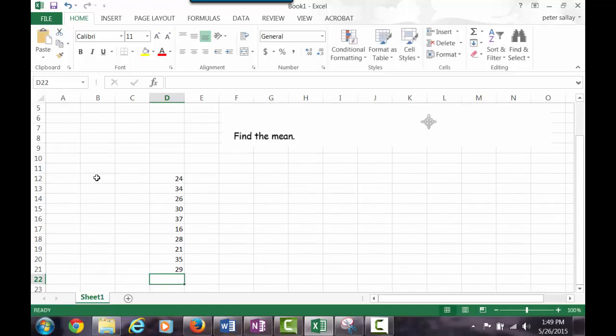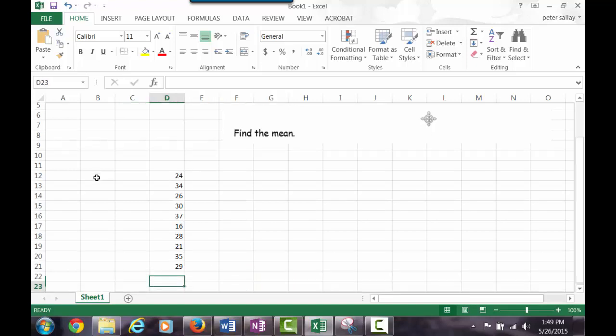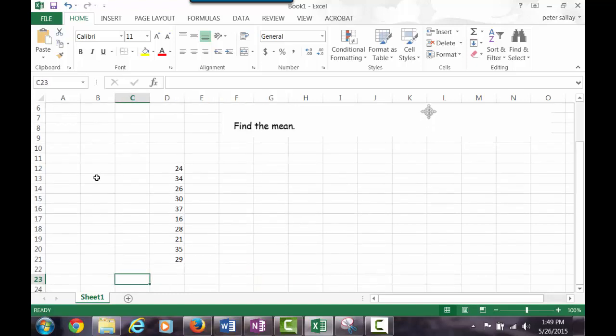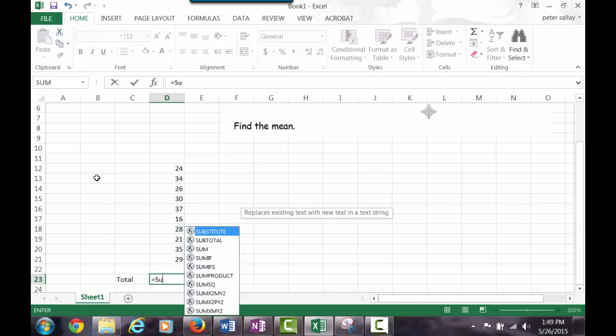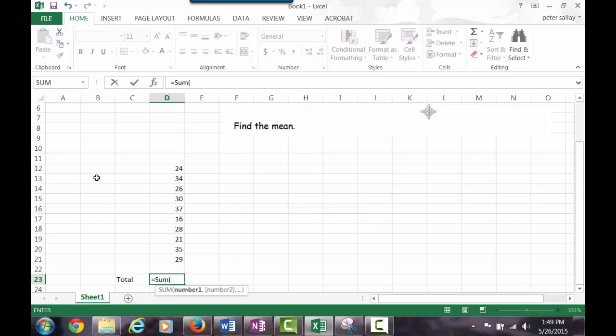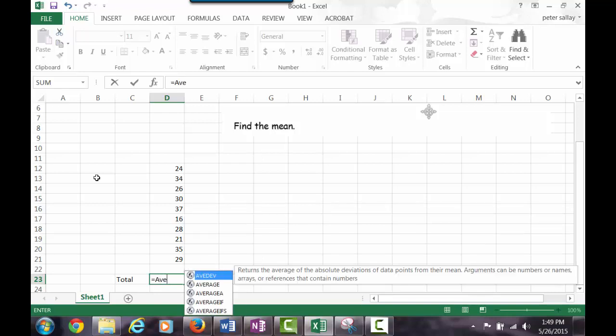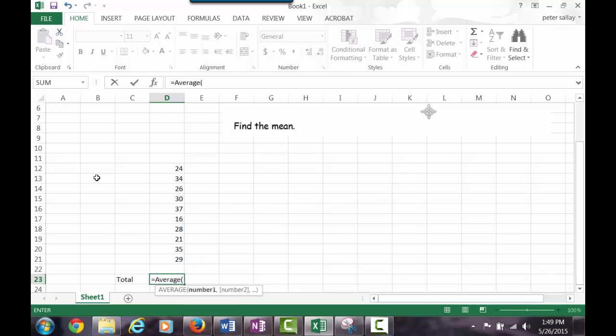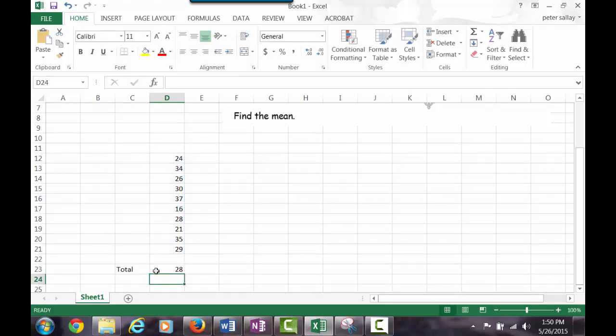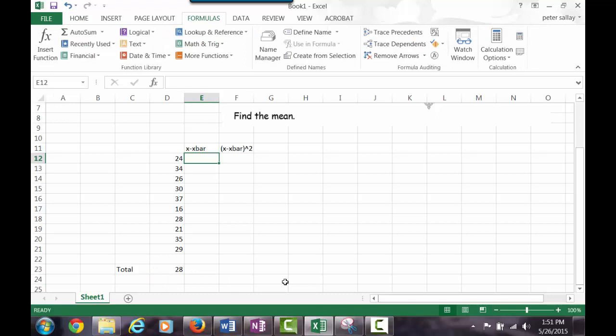Okay, so from here, I want to total this column. So if you remember, the total is, I'm sorry, we want the average of this. So in Excel, we're going to use average, and then I'm just going to highlight all those numbers and hit enter, and I get an average value of 28.